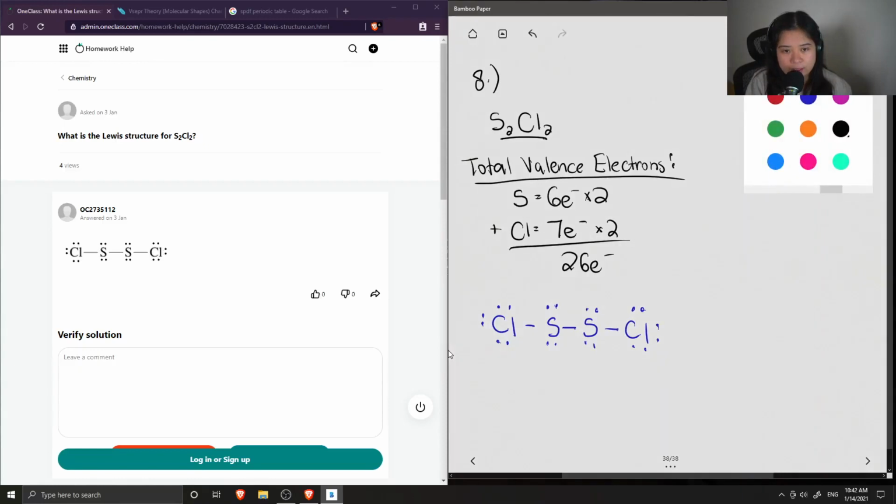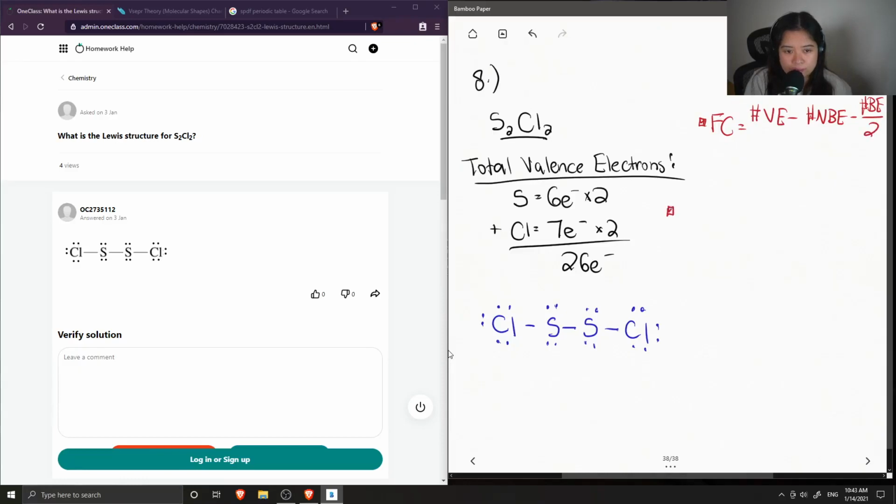And let's calculate the formal charge of our atoms. The equation for formal charge is equal to the number of valence electrons minus the number of non-bonding electrons minus the number of bonding electrons divided by 2. So let's do one of the chlorine atoms first.